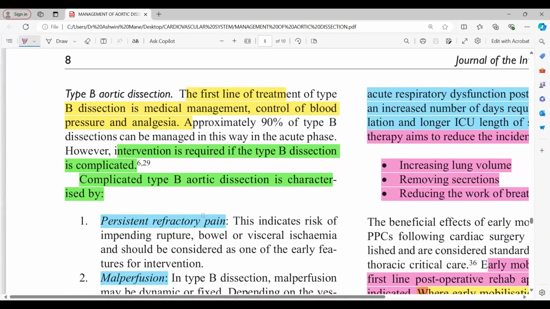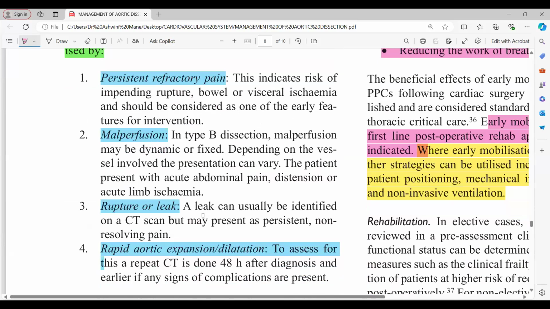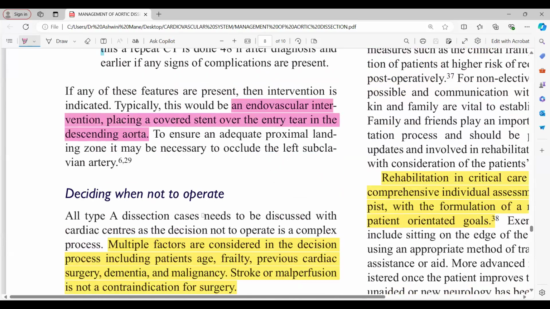The type B dissection. The first line treatment of type B dissection is medical management, control of the blood pressure, and analgesia. Approximately 90% of type B dissections can be managed in this way in the acute setting. However, intervention is required if type B dissection is complicated. Complicated type B dissection is characterized by persistent refractory pain, malperfusion, rupture or leak, rapid aortic expansion, and dilatation.